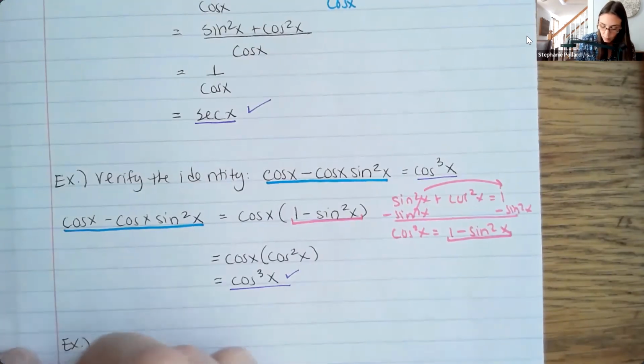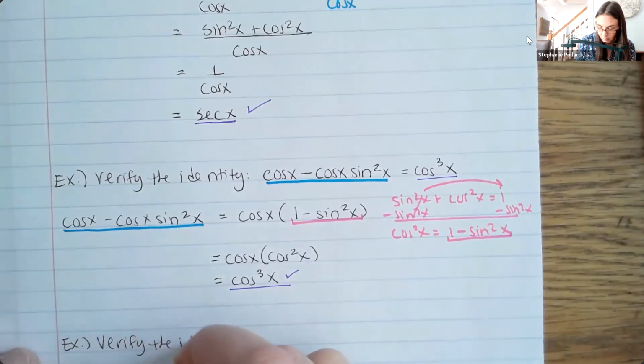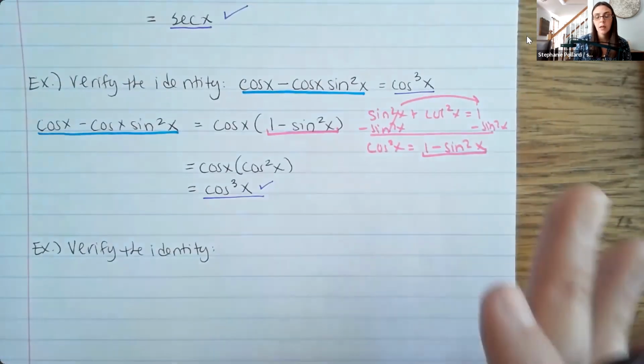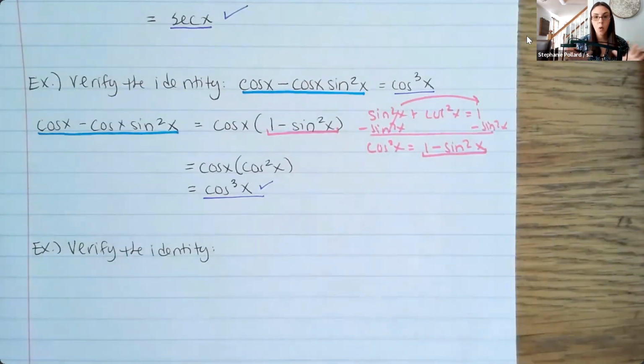Now, some of these may have more than one strategy. So if you found another strategy that you think works, but you're not sure, send me an email, write it out and ask, hey, does this one work too? A lot of times there's more than one way to do it. Not everything is solely one way to do things, right? So keep that in mind, there often is more than one way to do it, and that's okay.